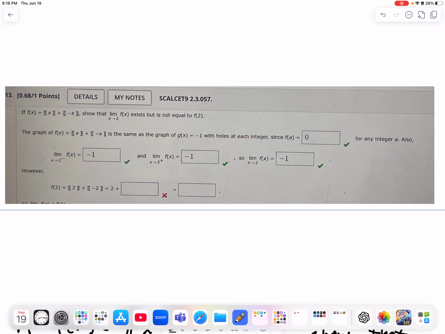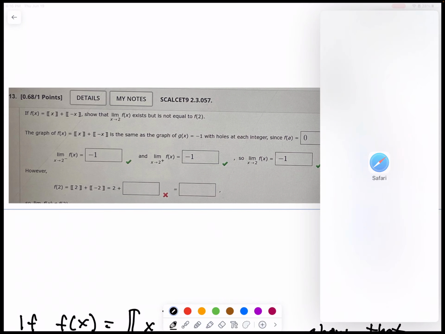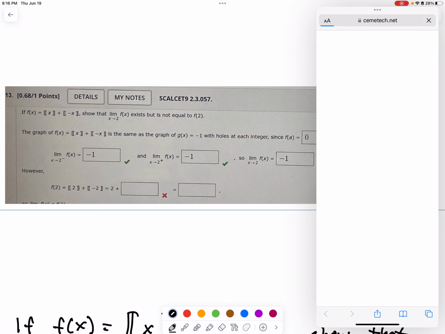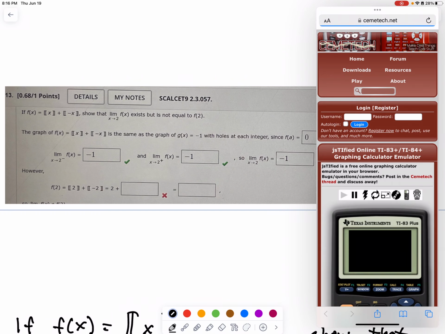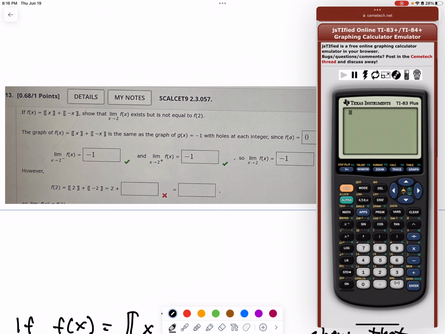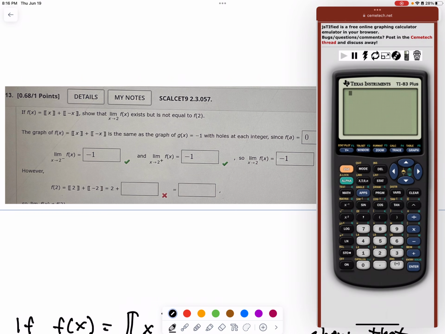Let me pull up my calculator. Okay. Let's reload and refresh. Okay, so what we need is the floor function. Let me see.